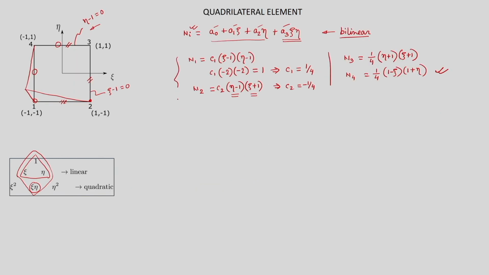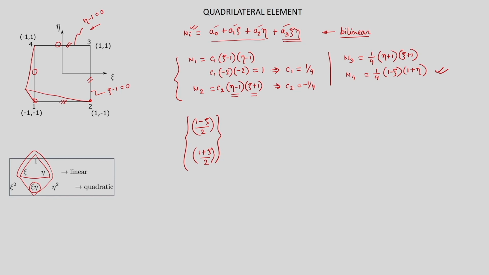Now, in another way we can construct these shape functions. The linear shape functions in xi we can write as 1 minus xi by 2 and 1 plus xi by 2. These are the two shape functions that we have seen in the master element, with xi varying from minus 1 to plus 1.